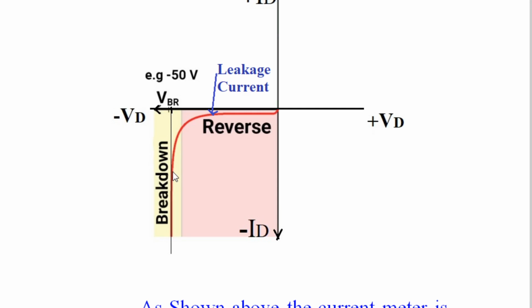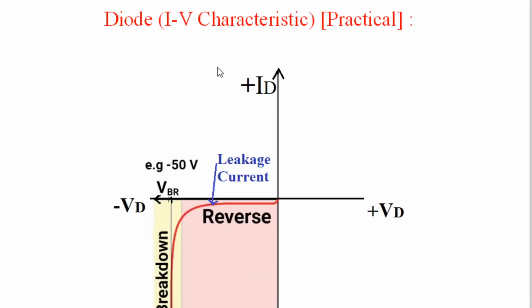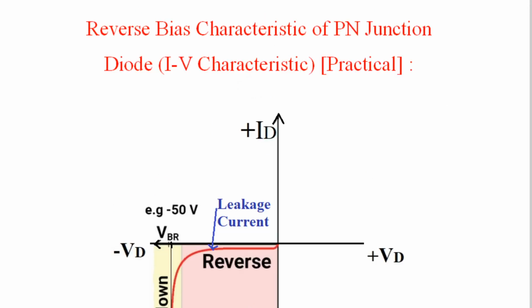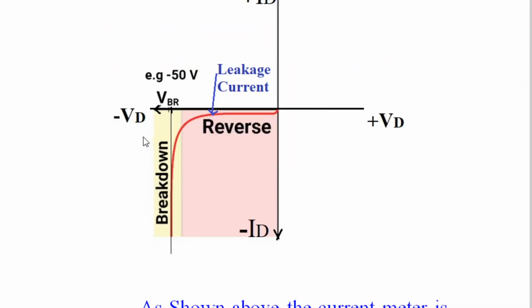The maximum reverse voltage you should apply so that the diode does not get damaged is given by the manufacturer. And this understanding is also very simple. In reverse bias condition of a practical PN junction diode, the graph is in the third quadrant. As you go on increasing the reverse voltage, the leakage current goes on increasing, and at very high reverse voltage, say minus 50 volt, the breakdown occurs.